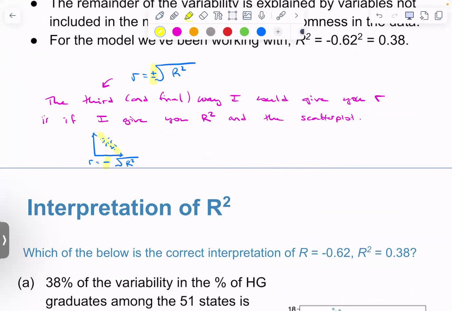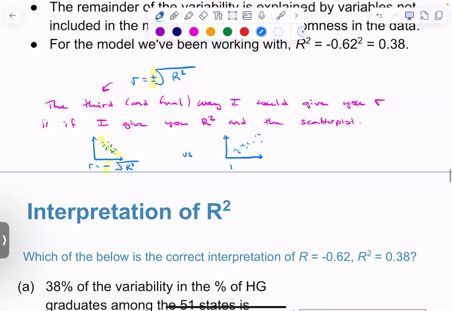From the negative relationship, versus if I give you and show you that it's a positive relationship, then in that case, r is just the positive square root of r squared. Kind of sneaky. Right?